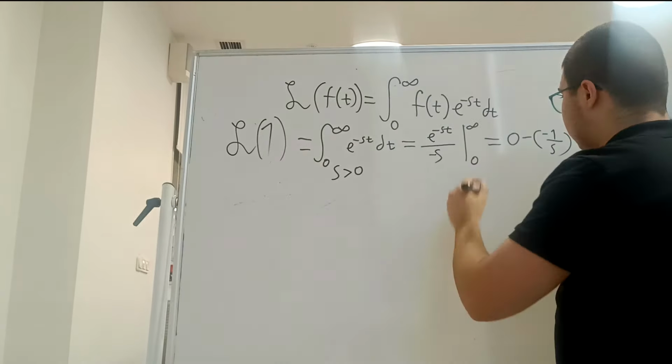Now we're going to apply the Laplace transform on e to the at. This a is just a constant number, don't worry about it. It doesn't have anything to do with the power series a. Fine. So this is equal to the integral of e to the at times e to the minus st from 0 to infinity.